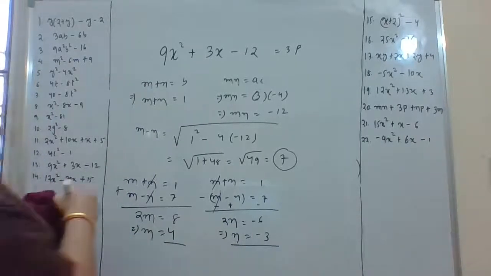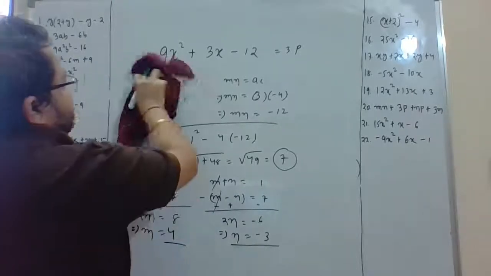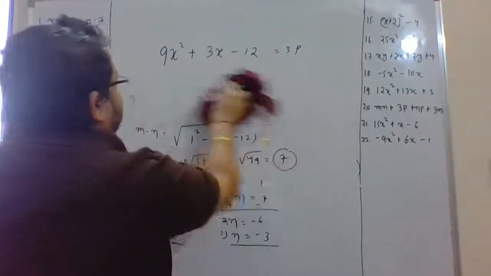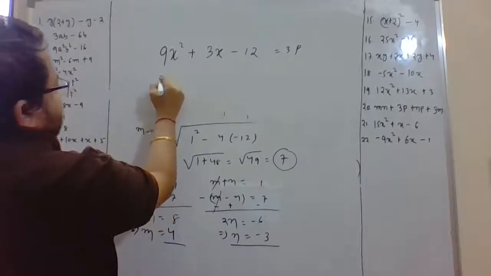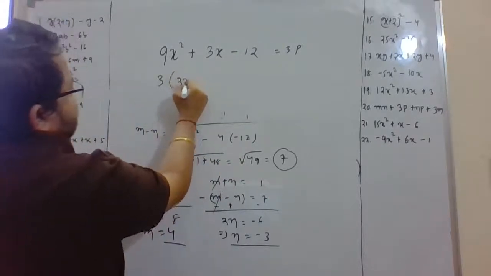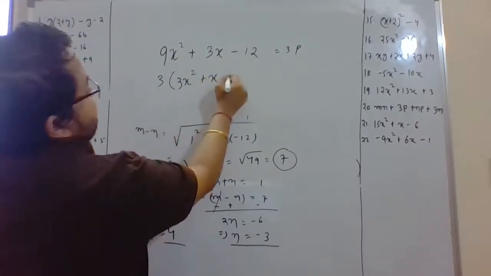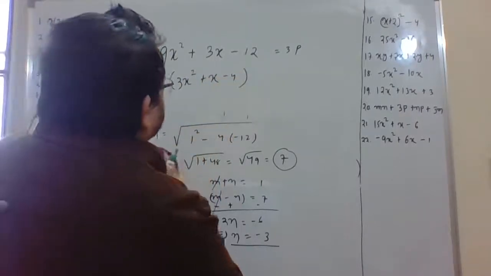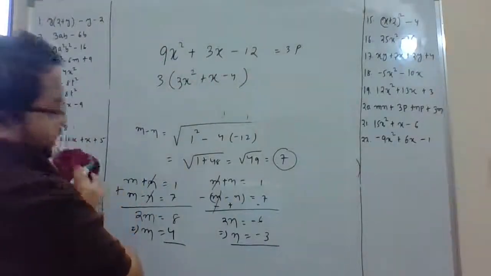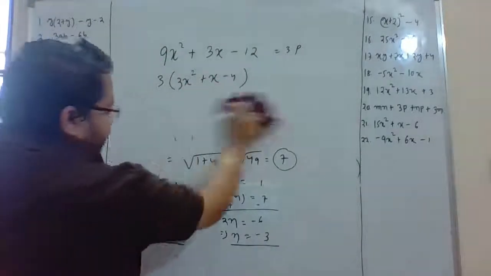So we had found this one to be 3 into 3x squared plus x minus 4. So let's keep moving.